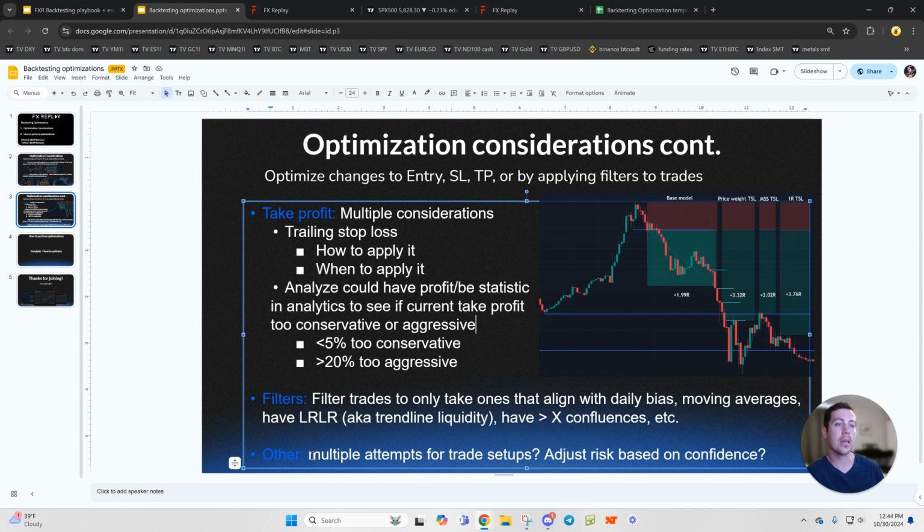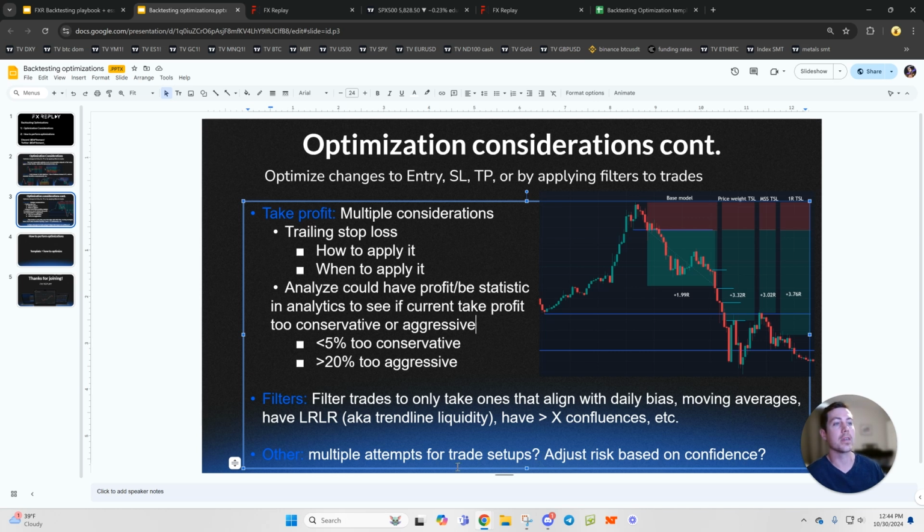And then really the last thing: if you have a super tight stop loss model, it may be worth doing multiple attempts for those trade setups. So maybe the first attempt stops you out, but then it comes back for a valid entry. Is it worth taking a second attempt?